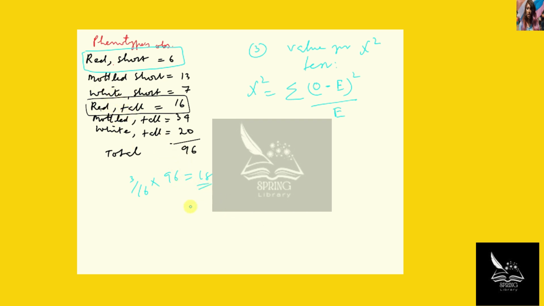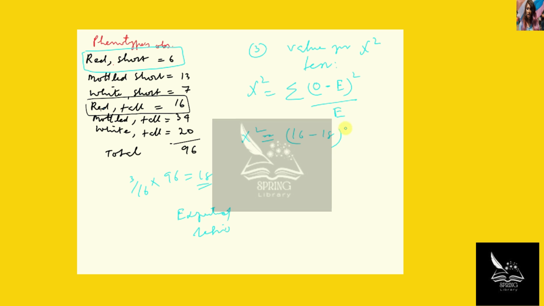So those categories would be the expected ratio. Then we will plug in the values here in the chi-square formula. For example, for this category, red and tall, the observed is 16 and expected is 18.